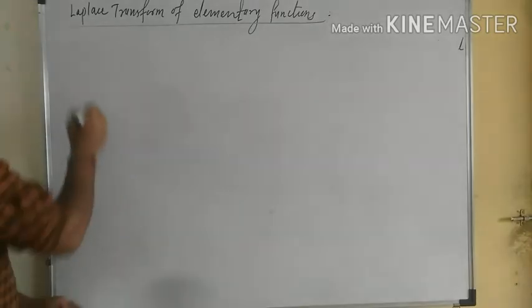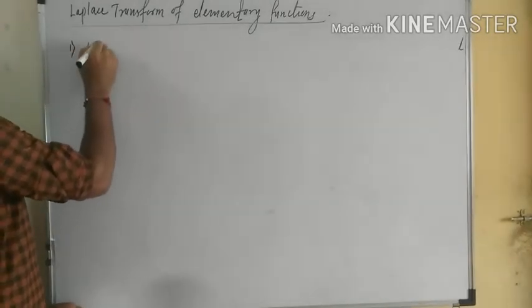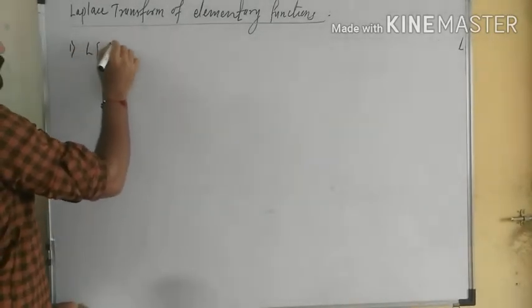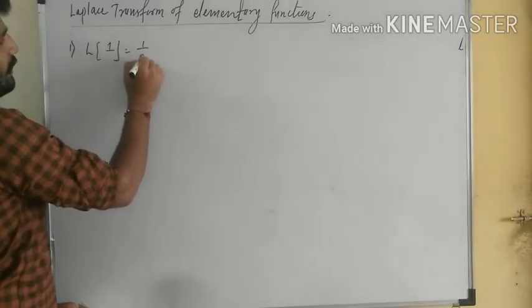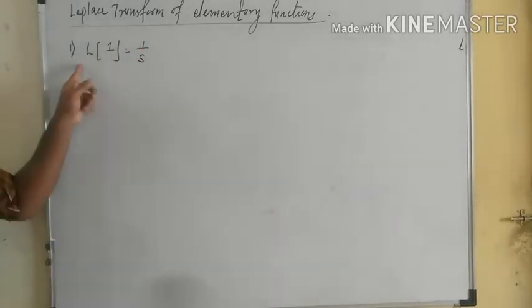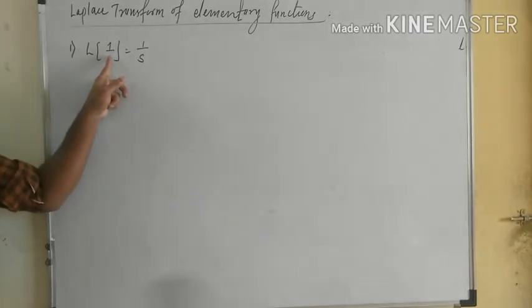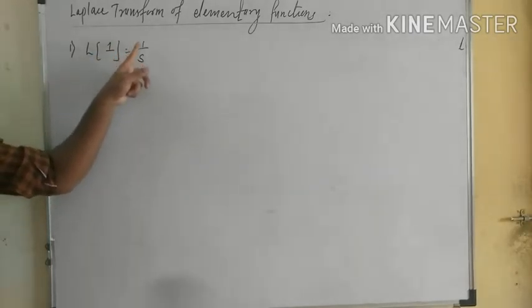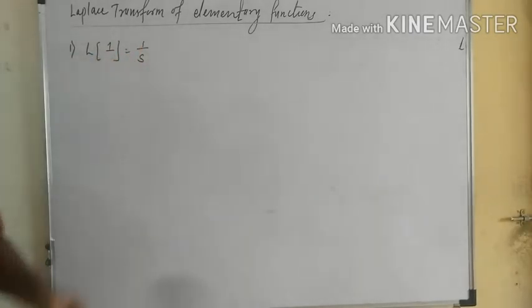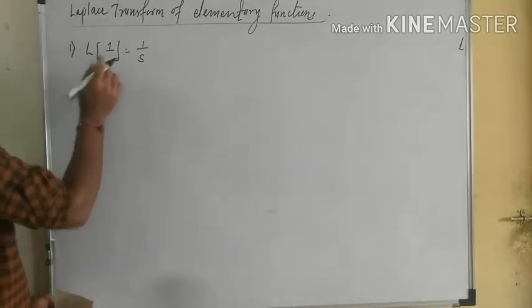So see, the first function: Laplace transform of 1 is equal to 1 upon s. So if we calculate the Laplace transform of 1, it is 1 upon s. See here how to find this Laplace transform of 1.